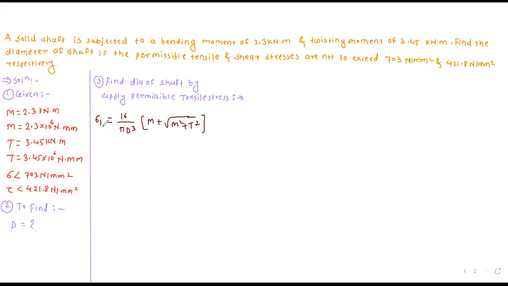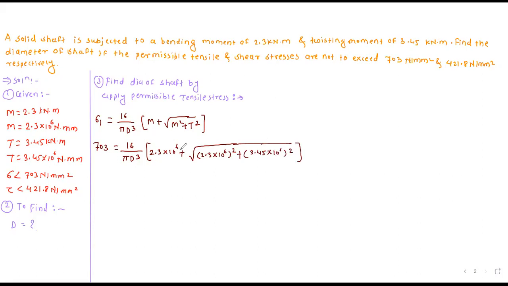Here the value of permissible tensile stress is given, so we put 703 equals 16 divided by pi d cube in bracket, the moment 2.3 into 10 raised to 6 plus square root of 2.3 into 10 raised to 6 squared plus twisting moment 3.45 into 10 raised to 6 squared.